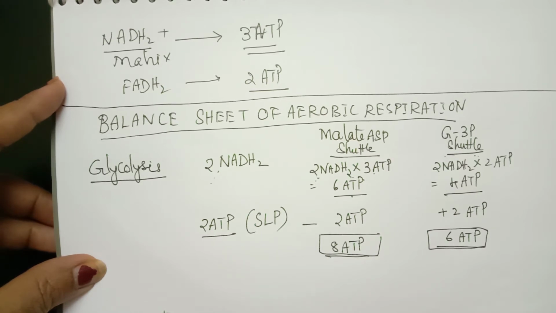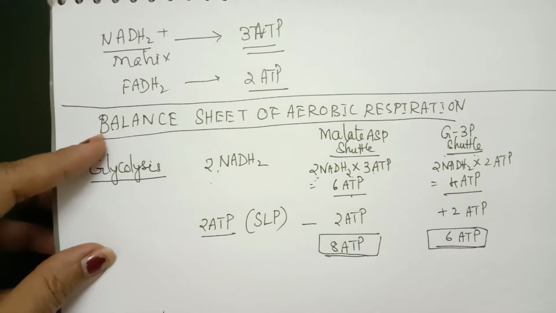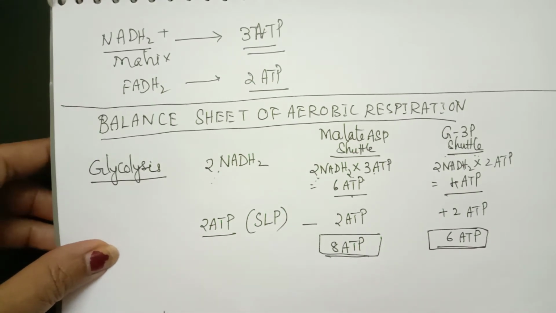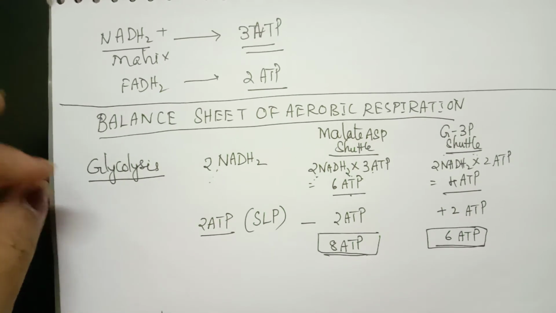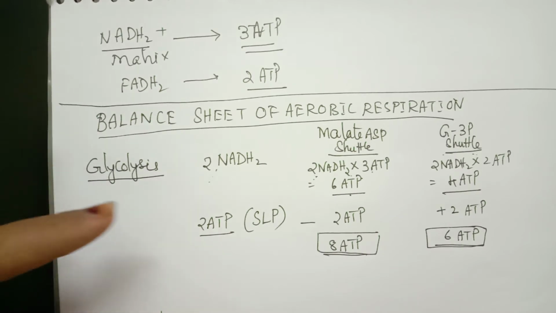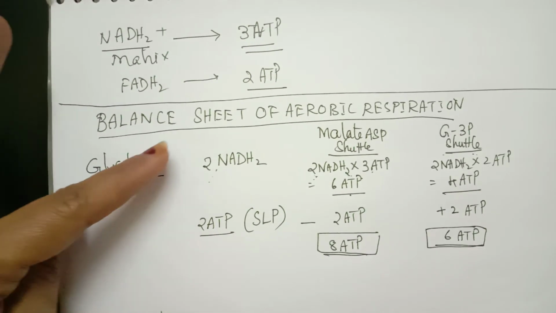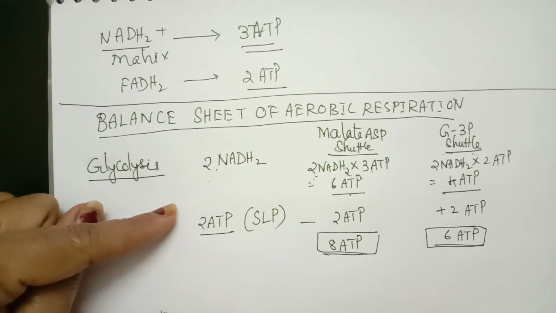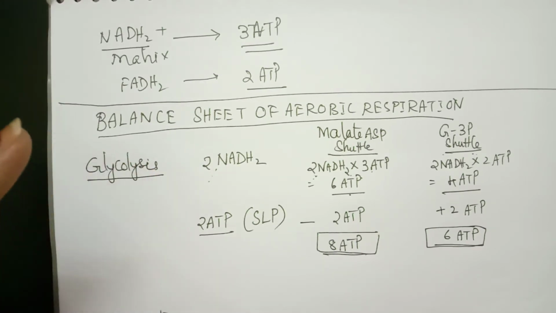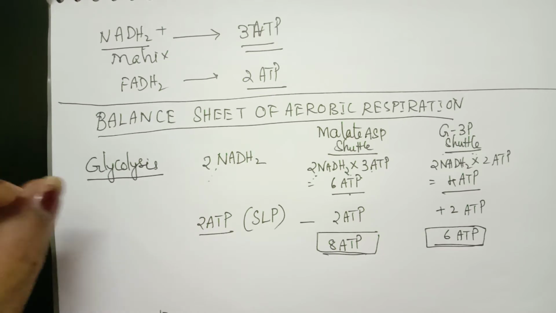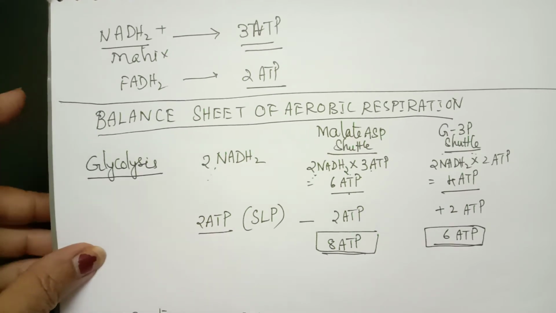In link reaction, we find 2 NADH2 are formed. Here children, you have to know what exactly the link reaction is. Similarly, in glycolysis, in which reaction is NADH2 formed? NADH2 is formed during oxidation of G3P to 1,3-bisphosphoglyceric acid.